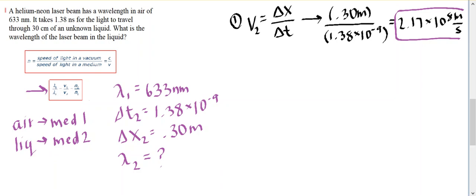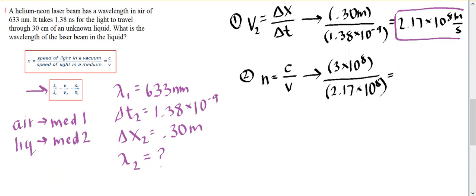So now for step 2, we will use that velocity to solve for one of the variables. So we can use velocity to solve for index of refraction. So remember, index of refraction is c, which is the constant, over the velocity. So if we were to plug our values in, we would get a value of 1.38. Index of refraction has no units.